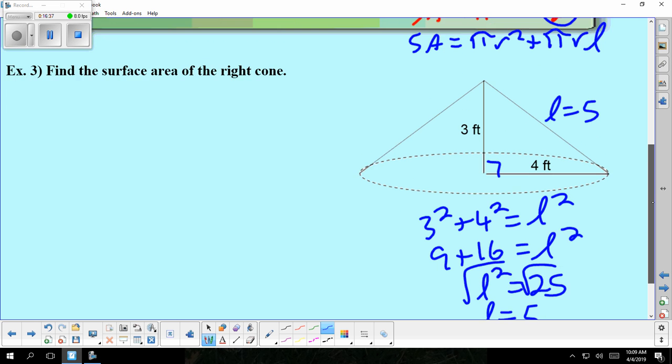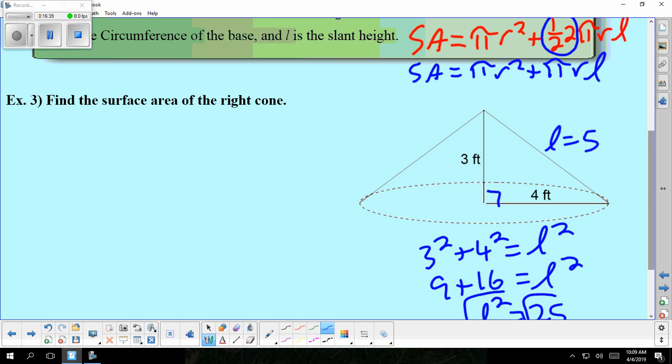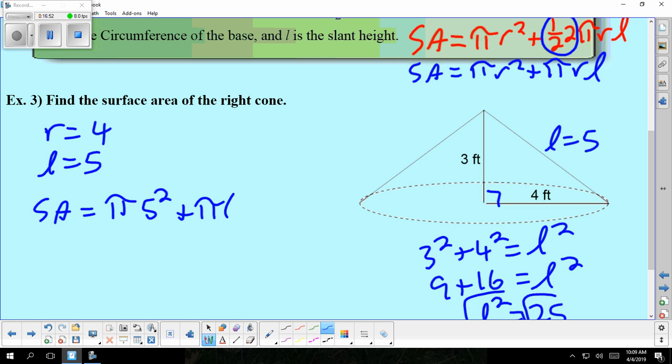And now I'm going to use this formula right here. So I have r, which is 4, and the slant height, which is 5. So the surface area is pi times the radius of 4 squared plus pi times the radius of 4 times the slant height of 5. My bad, this is 4 right here.